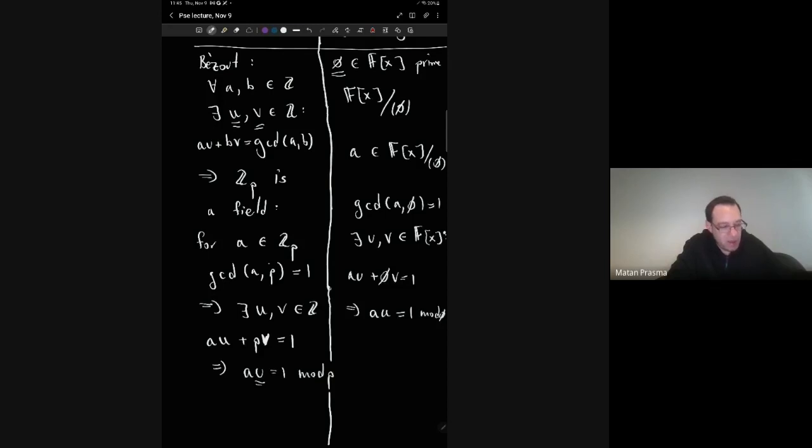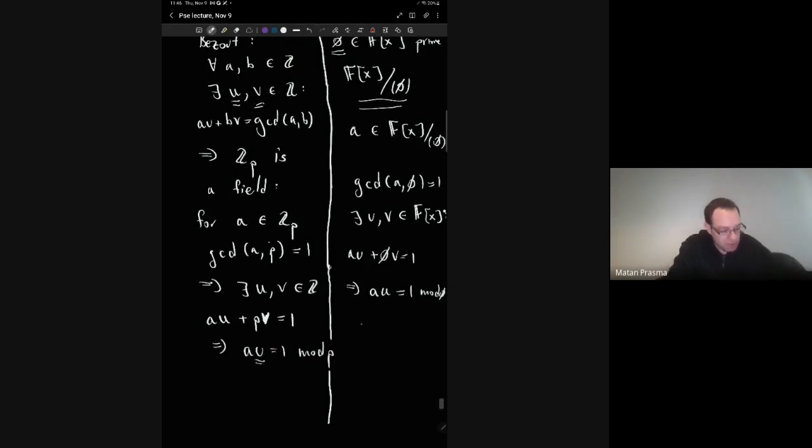in F[x] modulo phi. Of course, if phi is not monic, then it is a constant times a monic polynomial. So you can simply apply the same argument for the monic polynomial that you extract from phi, and the multiplicative inverse will then simply be the constant times the multiplicative inverse with respect to the monic polynomial.